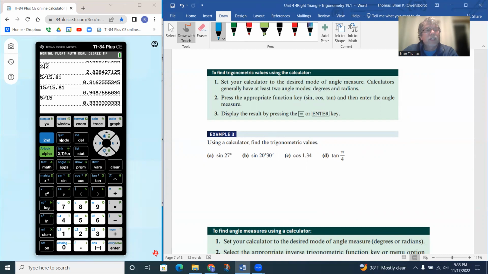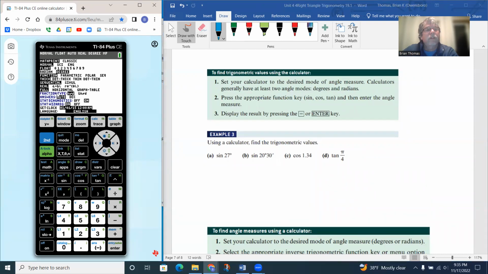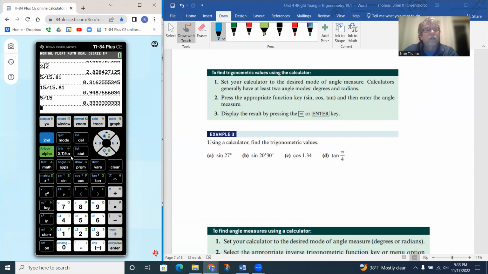Notice it's already in degrees, so I can just do that as is. Our sine, cosine, and tangent buttons are right in the middle of our calculator. So if I hit sine and type in 27, we know that's in degrees already. That's going to give me this point.